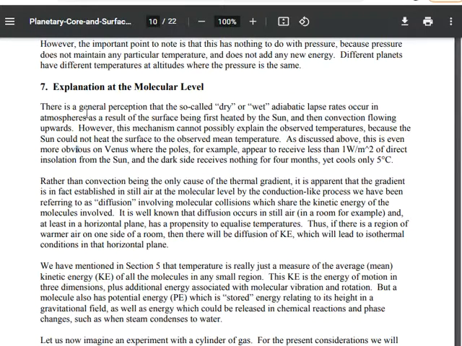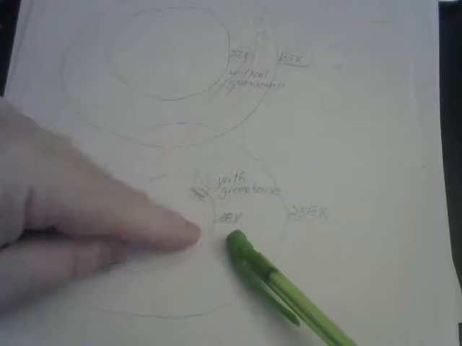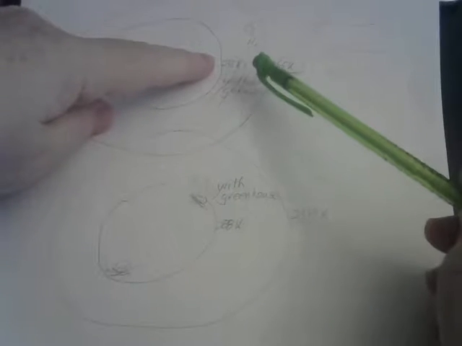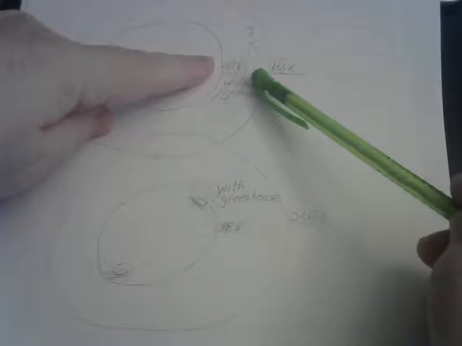So what does he say about what I just said? He says this mechanism cannot possibly explain the observed temperatures because the sun could not heat the surface to the observed mean temperature. The observed mean temperature is 288 Kelvin, and he is right. He has failed to explain that 288 Kelvin. What he has done is explained 255 Kelvin.